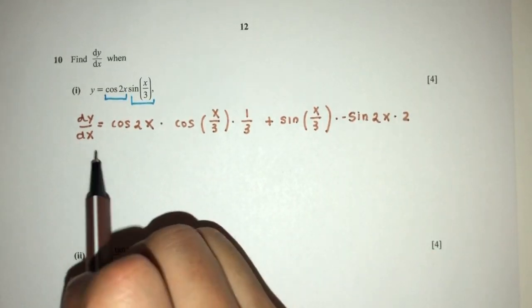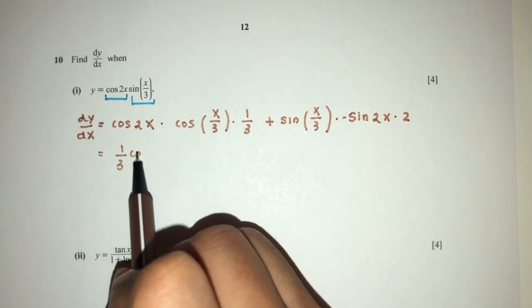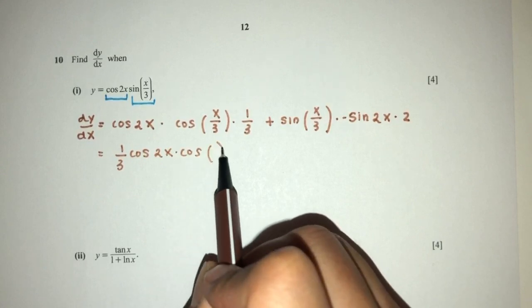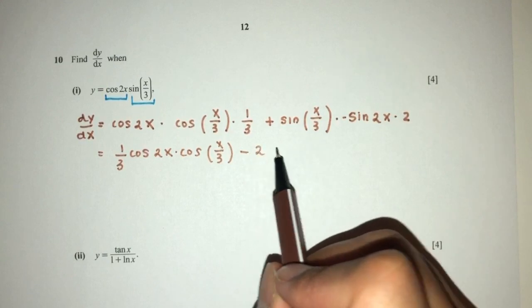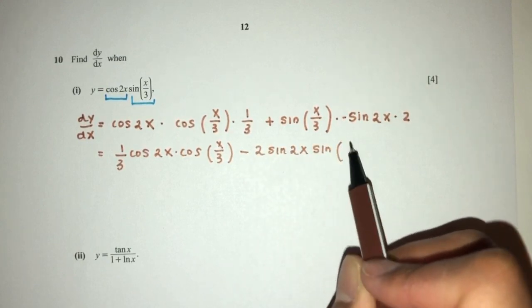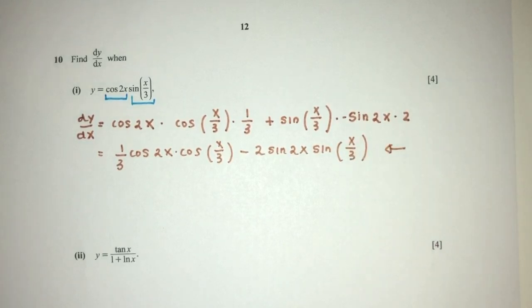Right. So you will have 1 over 3 cos 2x cos x over 3 minus 2 sine 2x sine x over 3. Okay, and this is your answer for question 1.